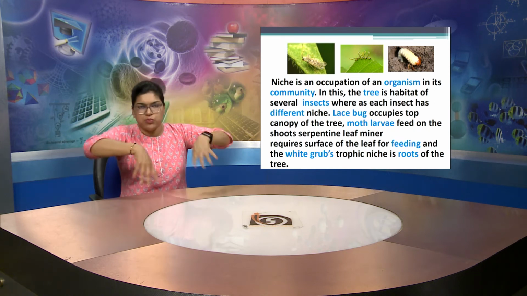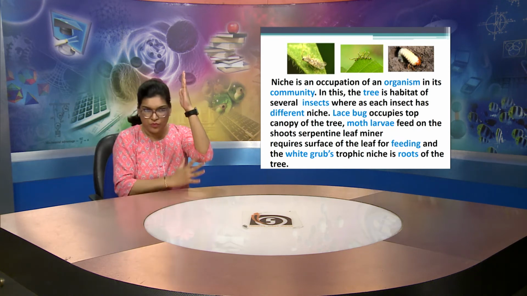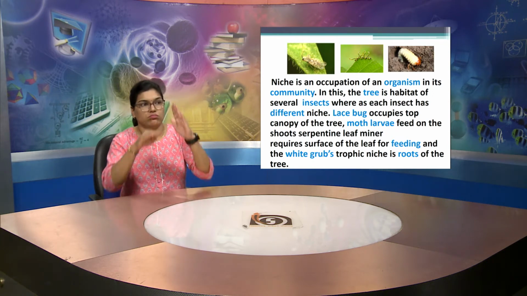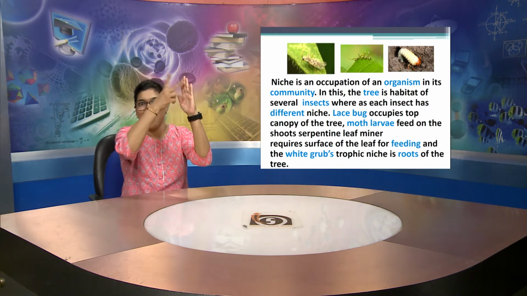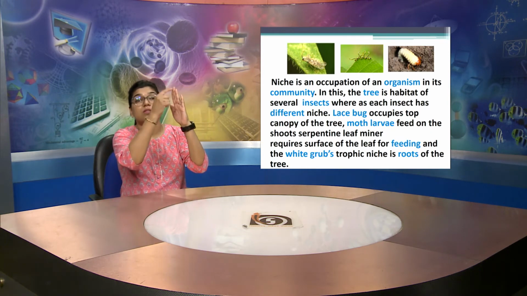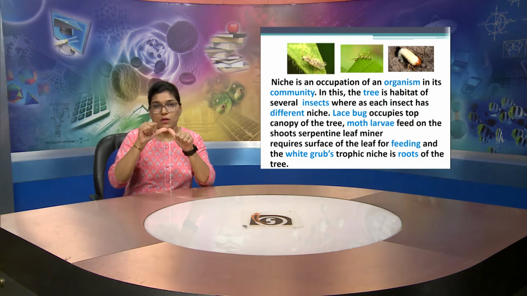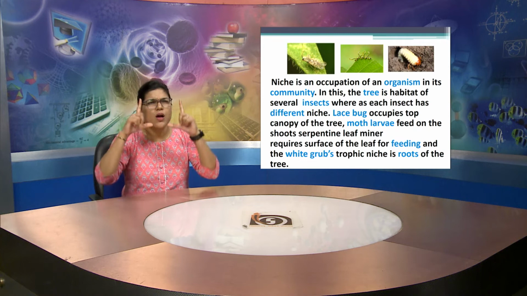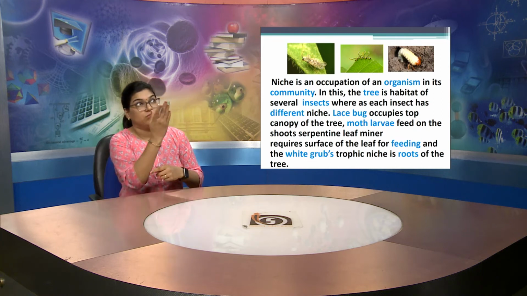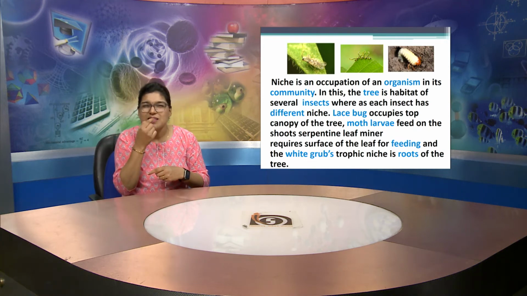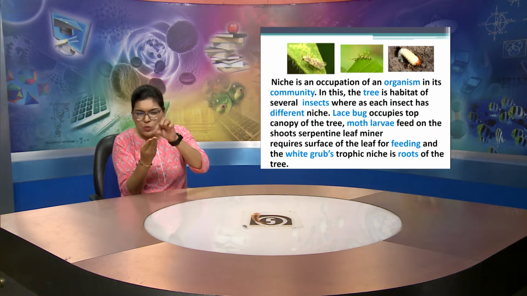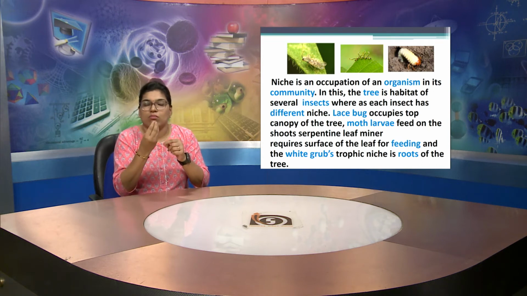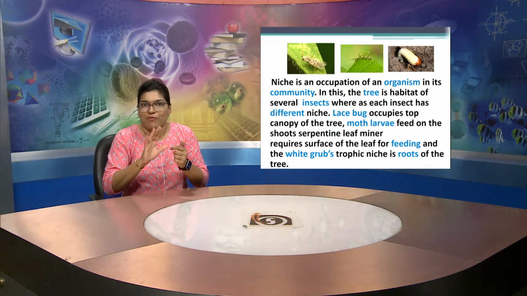So similarly, different parts of the tree have different organisms. The word niche is an occupation of an organism in its community, and on that tree there is a habitat of several insects, whereas each insect has different niche.